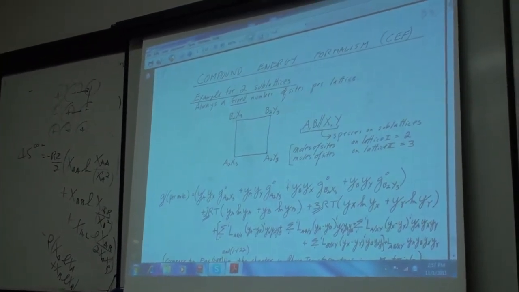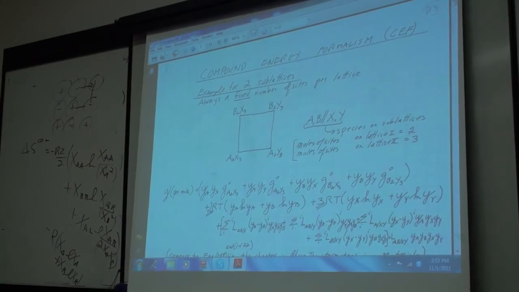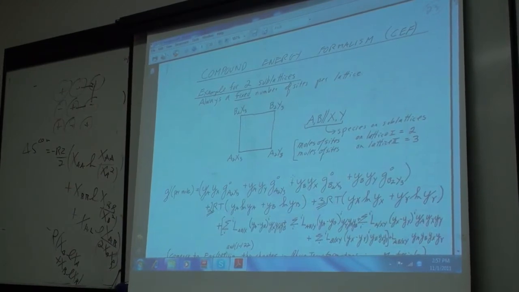I'll explain why we call it that later, but basically the compound energy formalism is the polynomial sublattice model, where you don't really take into account short-range order, but you can take it into account approximately through this big lambda term. But basically, it's the equations I just showed you.